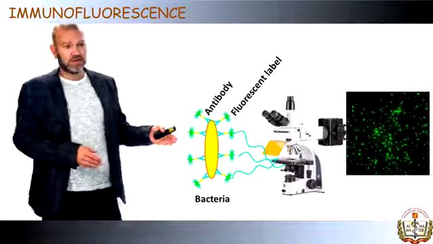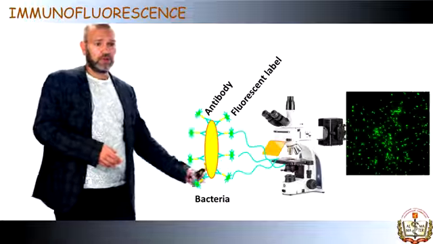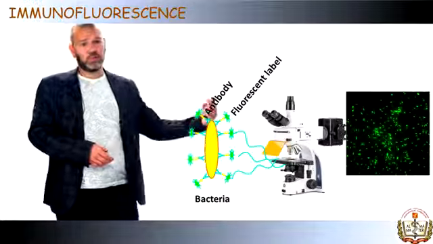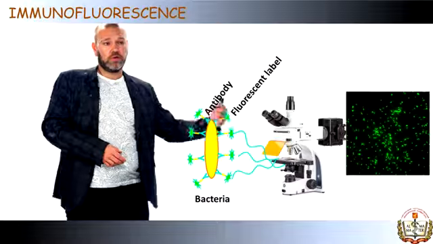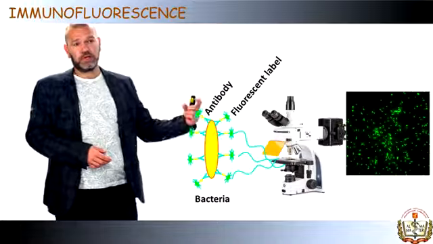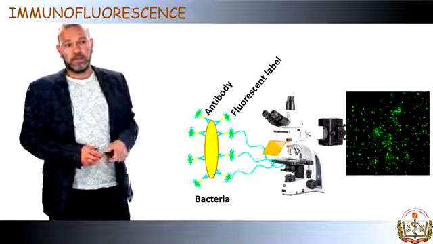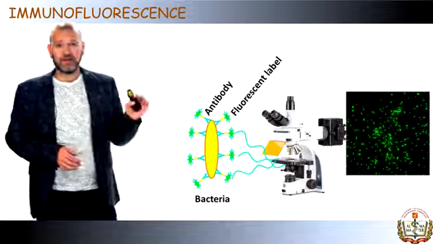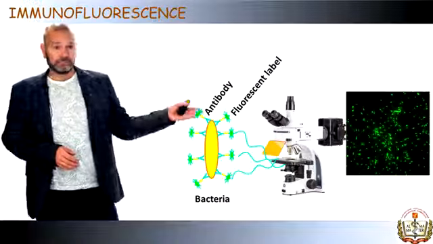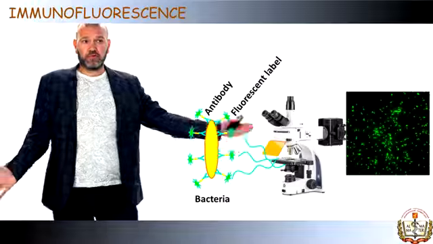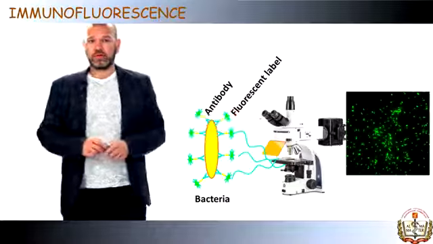So the key idea of the test: you have a microbial cell, you apply antibodies. If they stick, you have the shape of the bacteria, and the fluorescent labels will emit light. Again, the test is fast, 5 to 10 minutes is required, and it is easy to perform. You need only a microscope, and routinely UV microscopes are available.